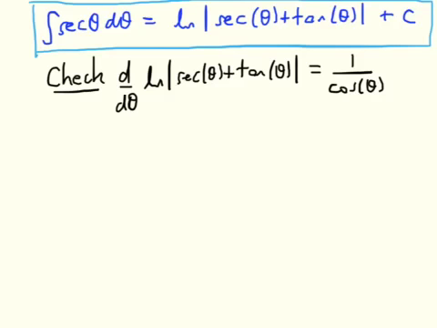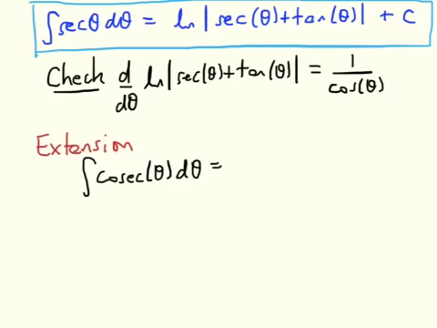The other thing that I think we should do as an extension to this video is the following. So, extension. And that is to calculate the integral of cosec of theta with respect to theta, and that is, of course, the integral of 1 over sine theta with respect to theta.